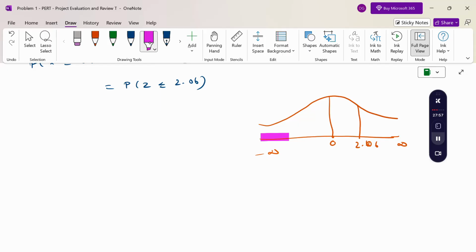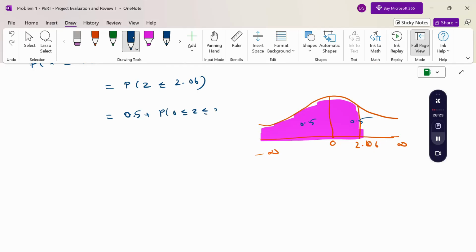To calculate this region, the left hand side is 0.5 and the right hand side is 0.5. Therefore up to this point we have 0.5 plus the area from 0 to 2.06.